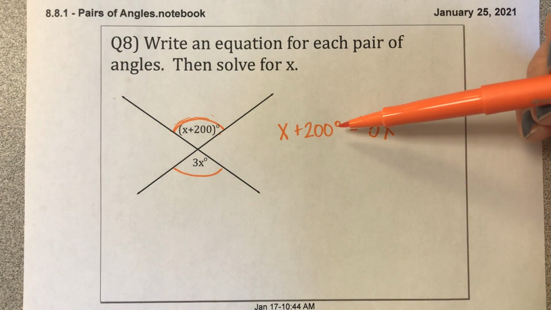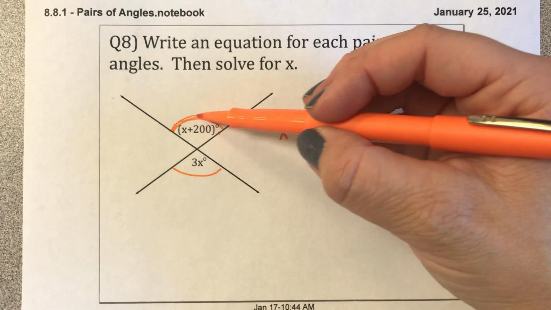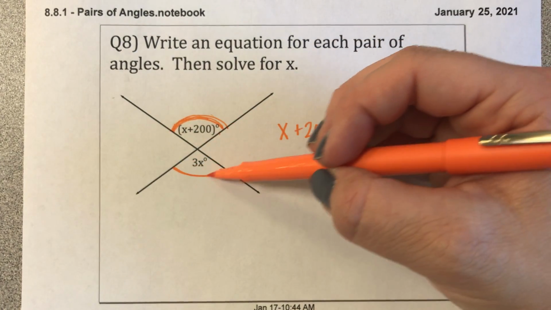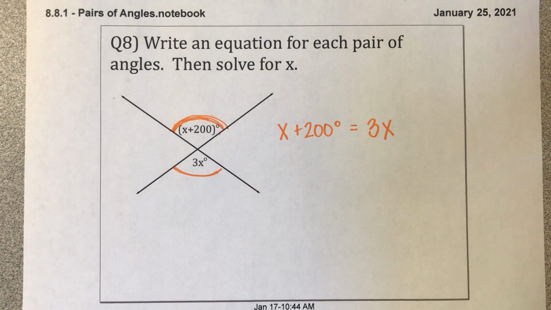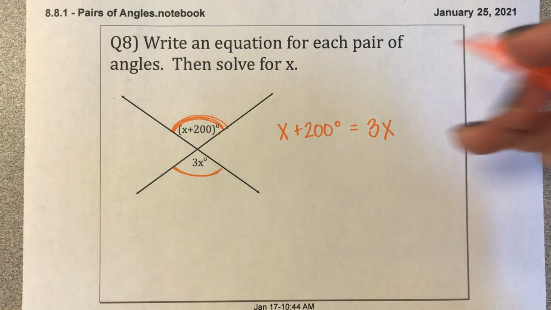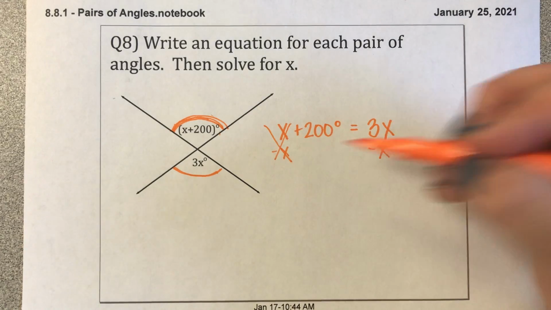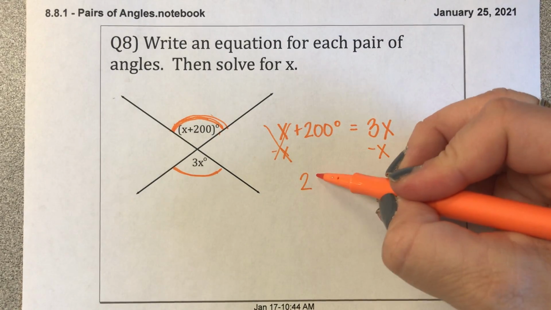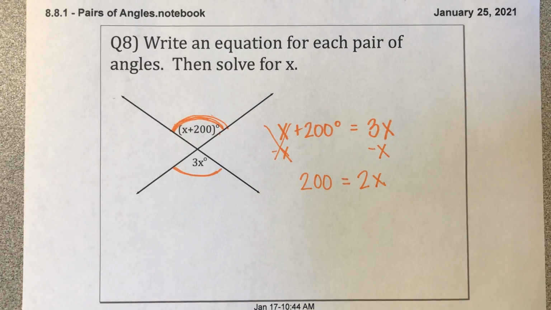But hold on, let me look at this. No, I didn't mess up. Whatever this one is, this has to be the same. That's why I set x plus 200 equal to 3x. Now I'm going to solve it for x. I have x's on both sides of my equation, I don't like that, so I'm going to take one x away from both sides. Now I'm left with 200 equals 2x.